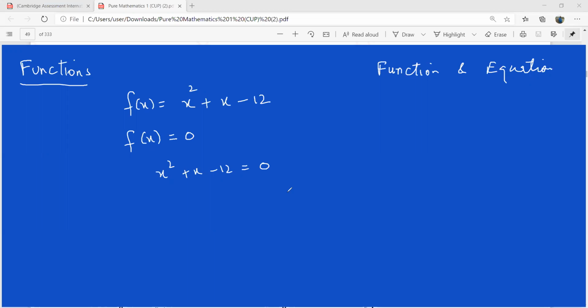For example, you must have seen a function g of x equal to 2 over x minus 1, and with this it is written that x is not equal to 1. Do you know what it means when it says x is not equal to 1?